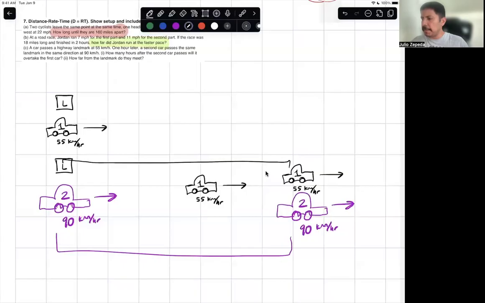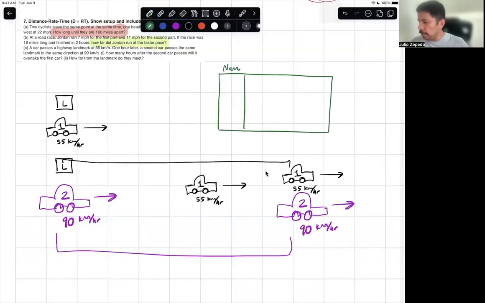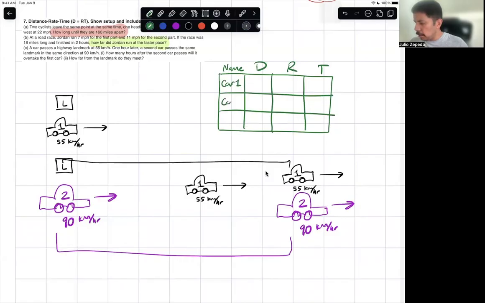Let's go ahead and set up our table so we can organize our thoughts. So we have our name column. We have distance, rate, and time. We'll say car one, car two, and then we have a total category in case we need it.